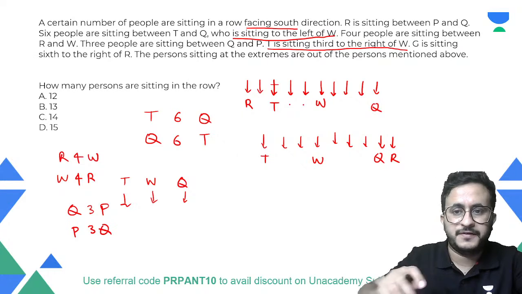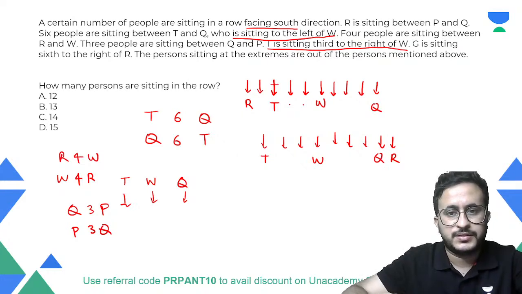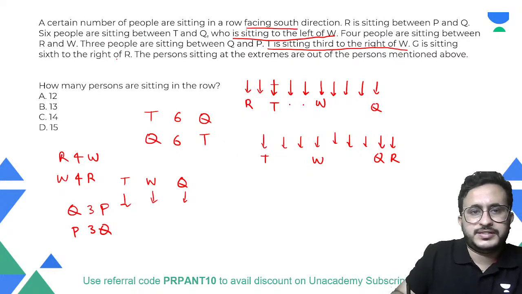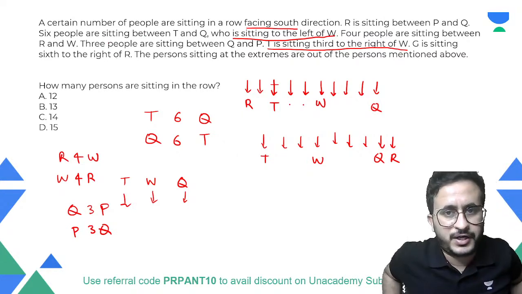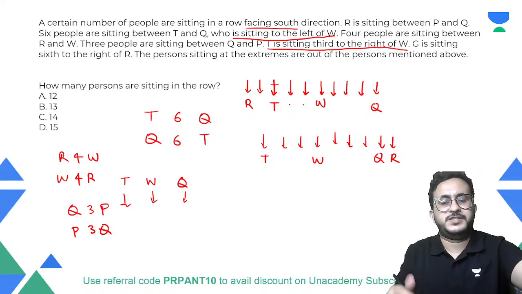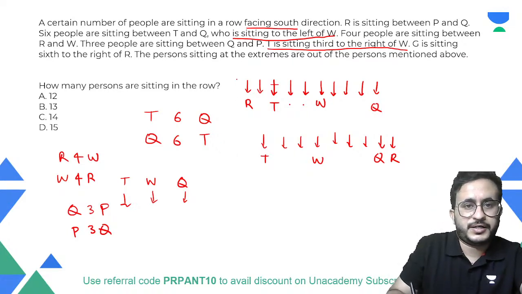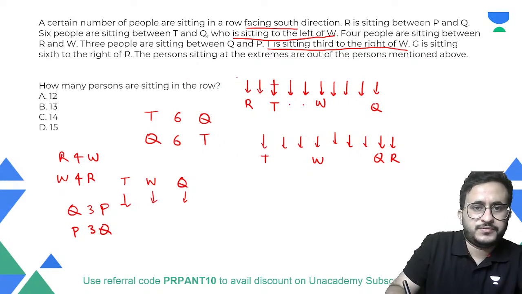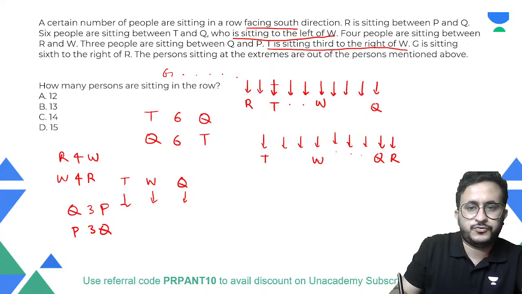Then next we have G sitting 6 to the right of R. If G is sitting 6 to the right of R, then G will be this side. 1, 2, 3, 4, 5, 6. This will be G. And if R is here, then 1, 2, 3, 4, 5, 6.